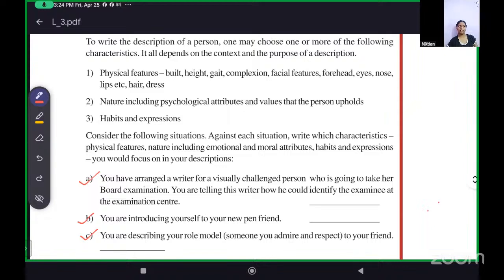Okay, Edric, the writer knows that she is impaired and that he has to write for her. You have to tell the writer how she looks so that the writer can identify her.